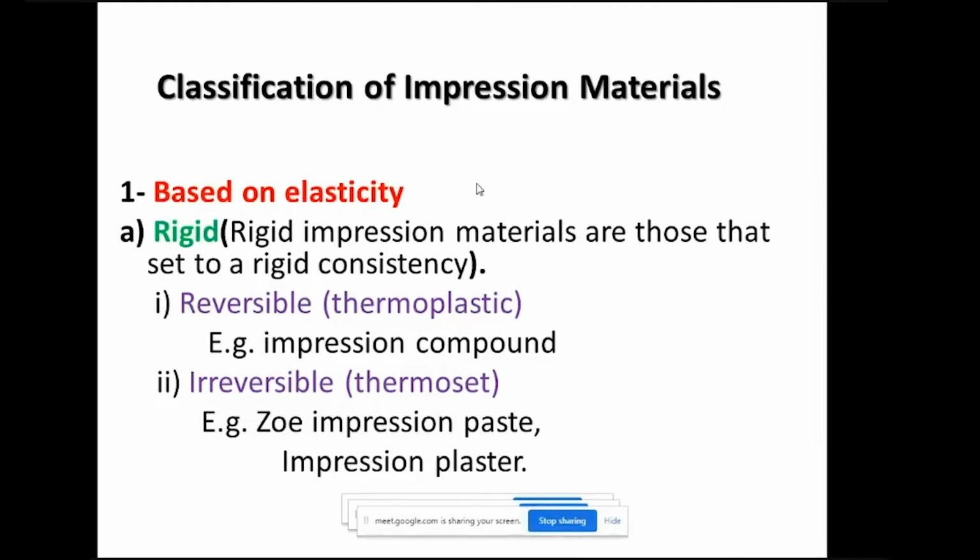Both of them, before you start, are rigid materials, powder and liquid. After you work, it will change to soft. After setting, it will change to hard, but not return back to the original shape. That's why we call it irreversible impression material.